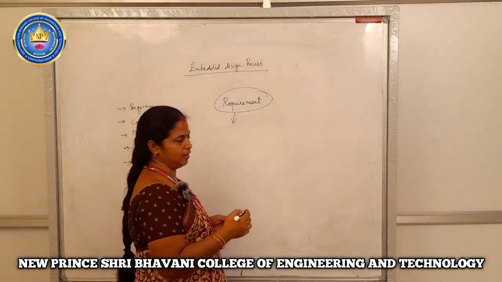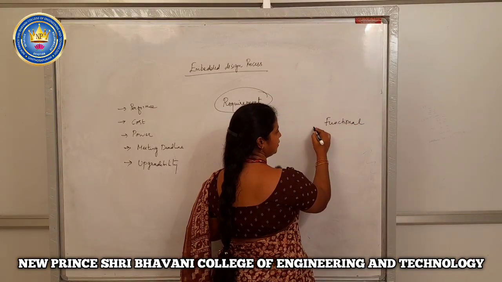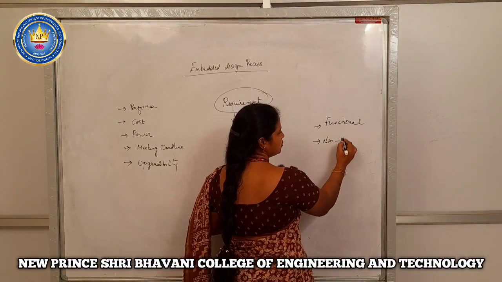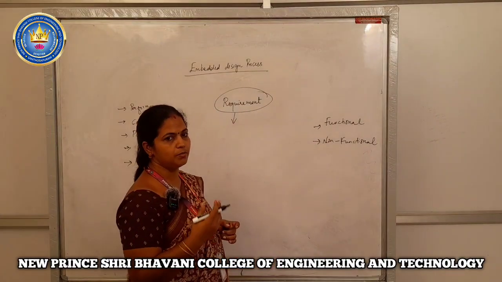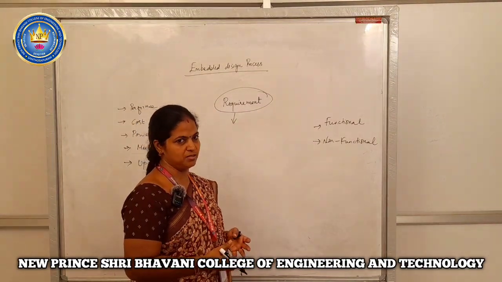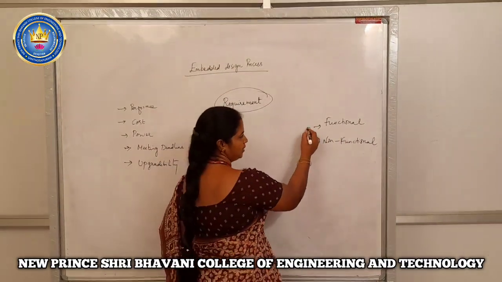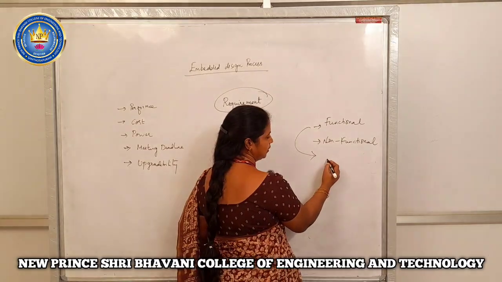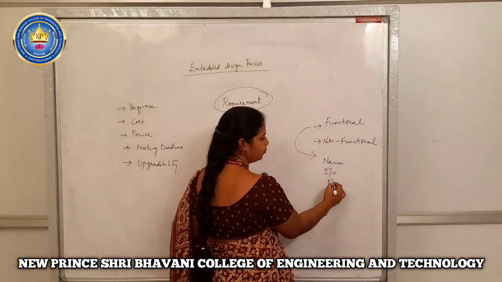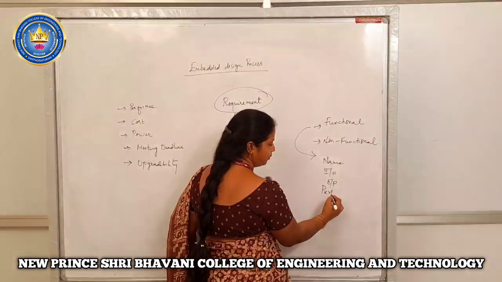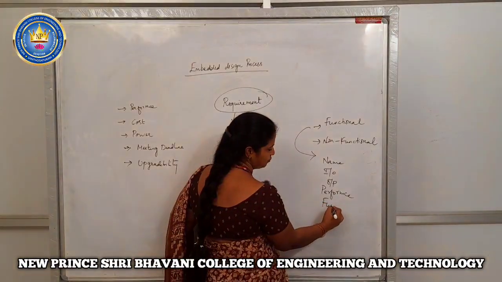In the requirement stage we have two kinds of requirements, that is functional requirements and non-functional requirements. Non-functional requirements are the power consumption of the system, the cost, and the size and the weight of the system. Functional requirements involve attributes like what is the name of the system, what are the inputs and the outputs of the system, what is the performance of the system, and what are the functions of the system.